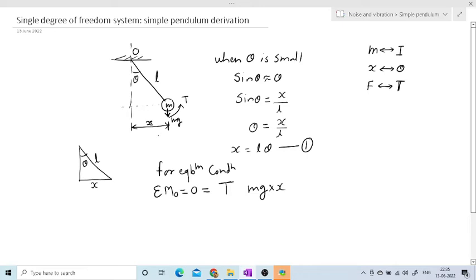Now normally we write accelerating force is equal to restoring force. Similarly here we write accelerating torque is equal to restoring torque. If we apply the displacement in the anti-clockwise direction, then the accelerating torque will be in the clockwise direction, so the moment of mg and the accelerating torque will be in the same direction. So here I am going to write plus.